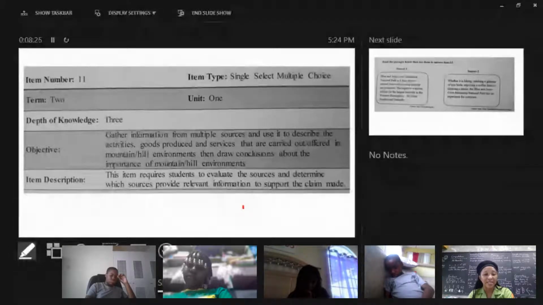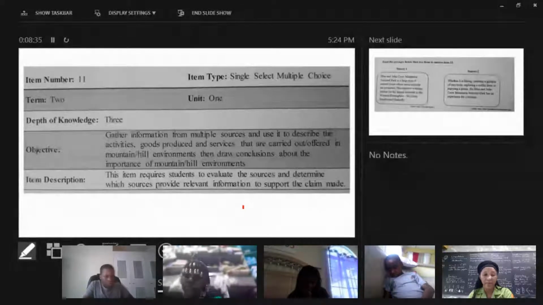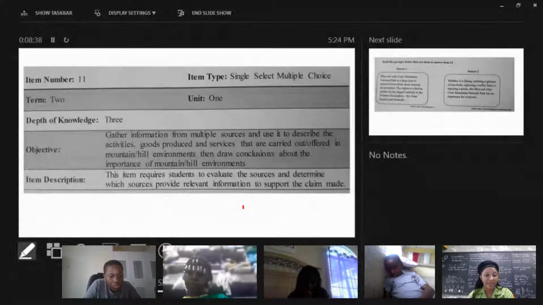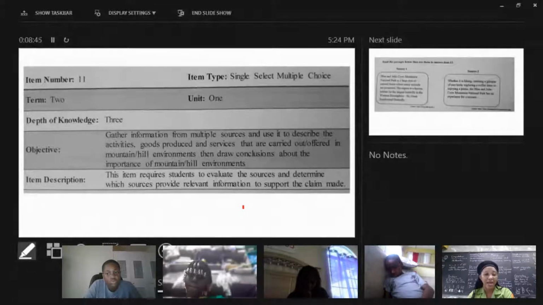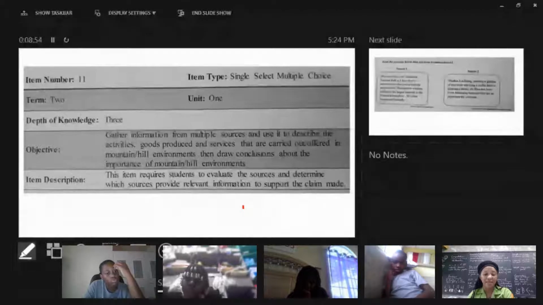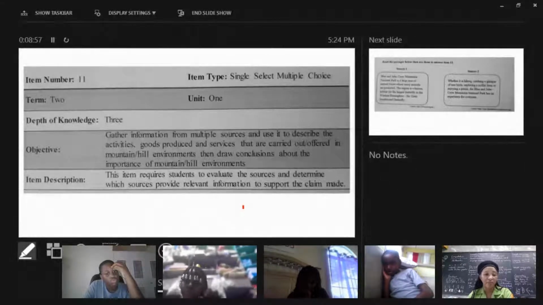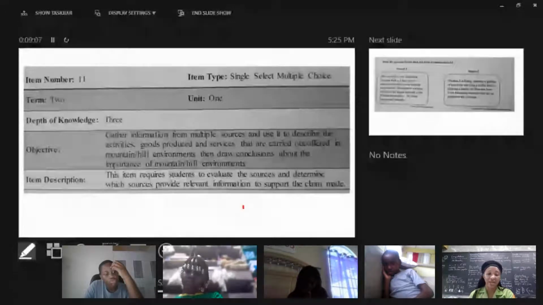This item requires students to evaluate the sources and determine which sources provide relevant information to support the claim made.